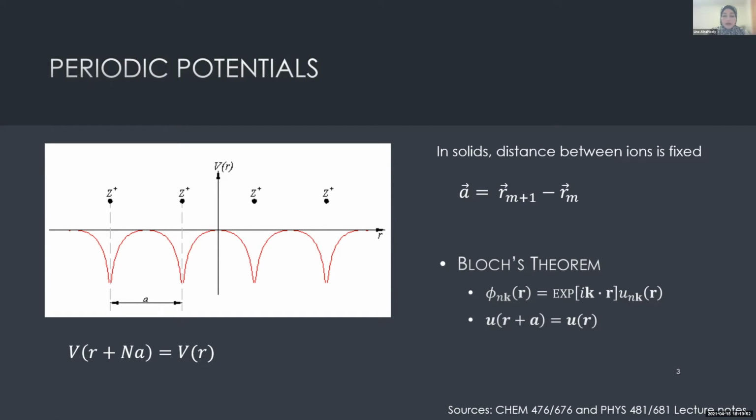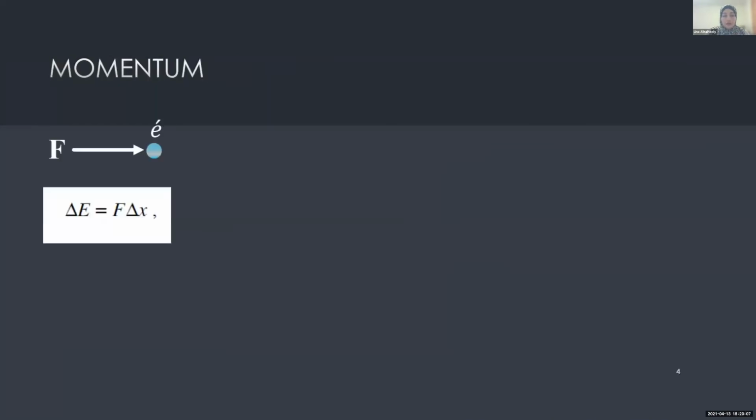So this is the idea behind the periodic potentials and why we apply the periodic potential in our model to solve the Schrödinger equation, and we get this solution as a description for the electron. But we can also do more, like describe the electron using different parameters. The second one is momentum, and I'll start from the beginning.